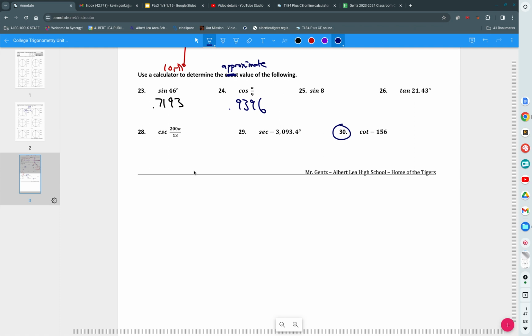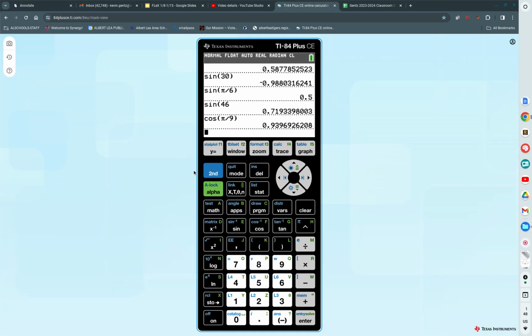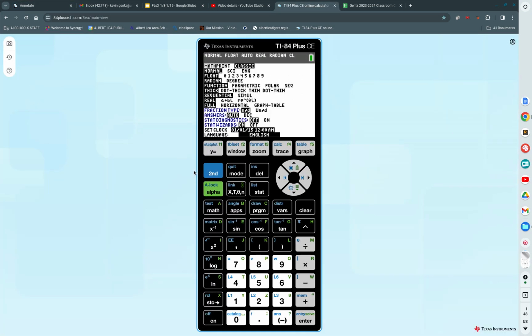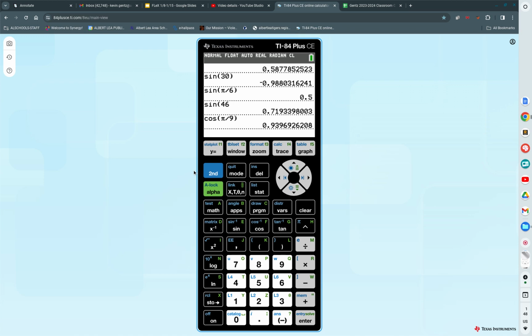But if you don't see a degree symbol, then it must be a radian, okay? So that's the difference. This is a degree, obviously. This is a radian, obviously. This is a degree. This is a radian. This is a radian. So we're going to make sure that we're working in radians on your calculator. So go to mode, and I go down to radians. Good. I'm sitting in radians.